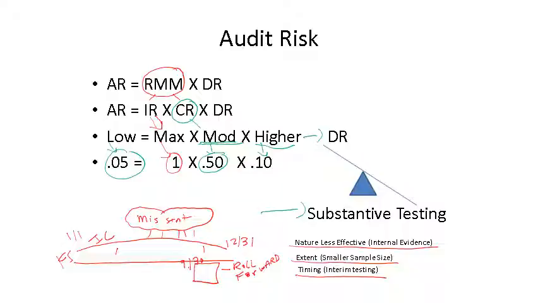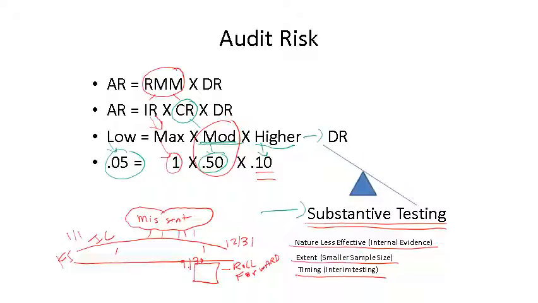But again, the takeaway here is notice that our substantive testing can be less extensive if the auditor has determined that we have a lower control risk, thus we can accept a little higher detection risk by altering the nature, extent, and timing of our substantive procedures.